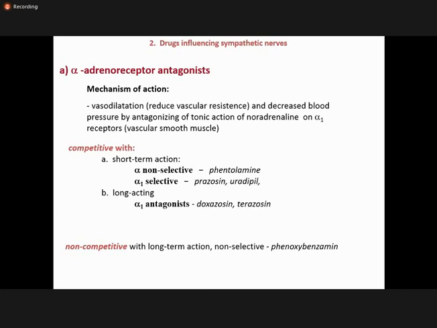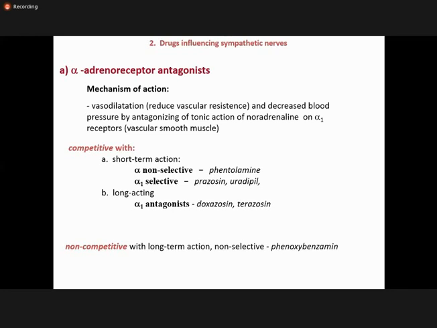So that is why we have different drugs: competitive and non-competitive. In competitive, we have two different groups: short-acting and long-acting. Among the short-acting drugs, there are non-selective ones, because selectively we are required to block the alpha 1 receptor. But if the drug blocks alpha 1 or alpha 2, that is non-selective, like phentolamine, a short-acting drug.